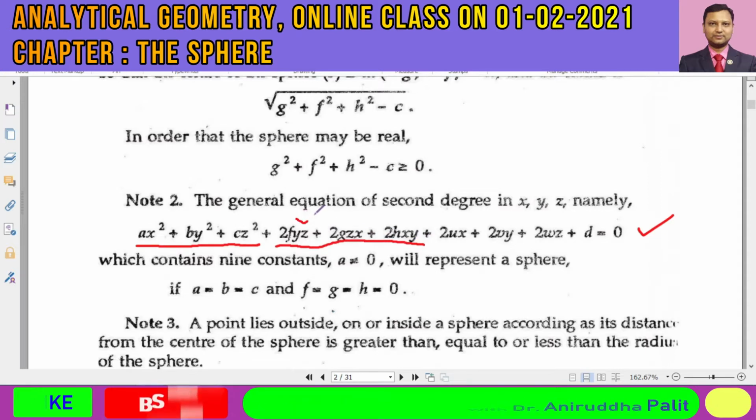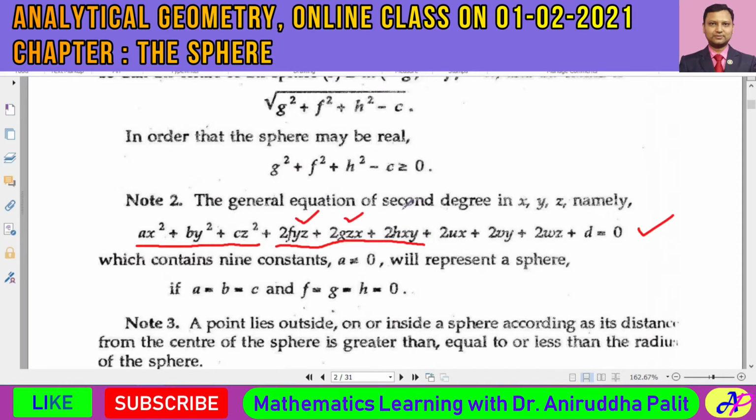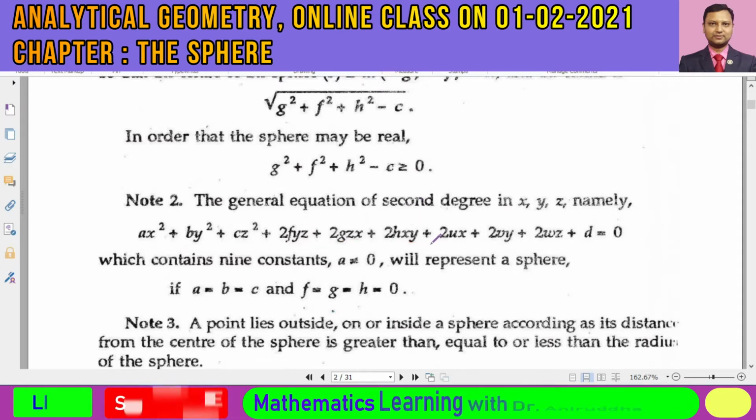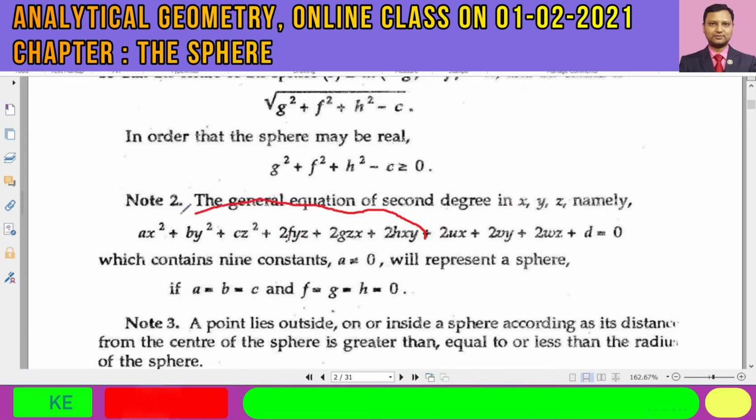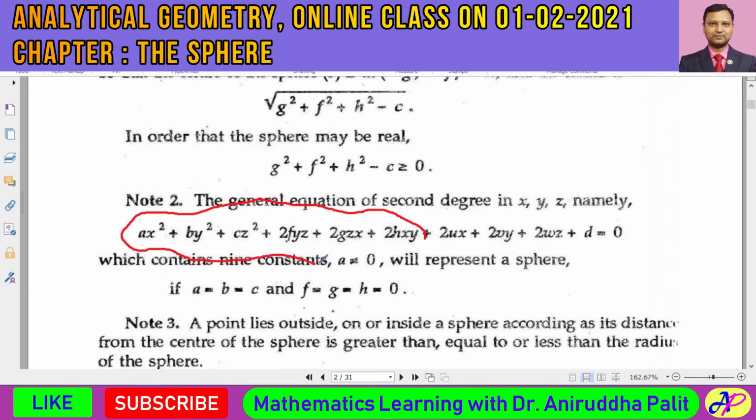In this term, x is absent. In this term, y is absent. In this term, z is absent. So all these six terms are second degree terms involving three variables, x, y, and z.